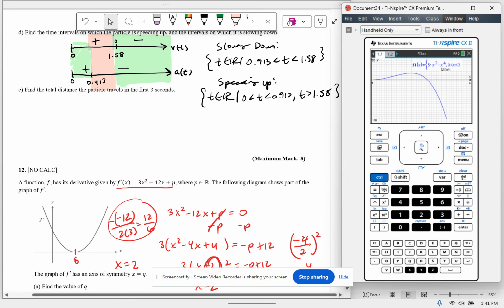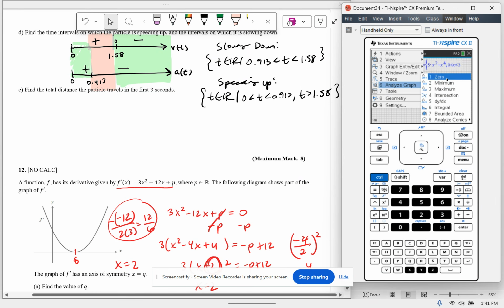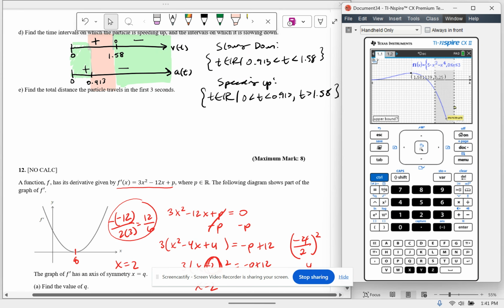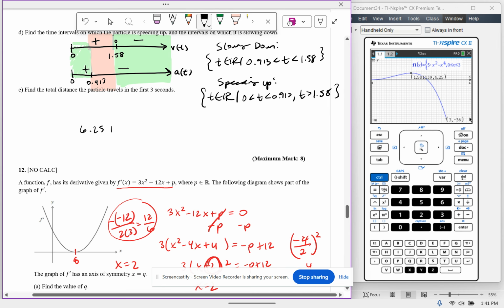So now I've got an image of exactly what this thing looks like from 0 to 3. I'm going to find the total distance traveled to get to the farthest point, which is going to be the little maximum of this thing. And then I'm going to find the total distance traveled to get all the way down to this guy, okay? So I would be traveling 6.25 to get up to the top, 6.25 to get back down, and then 36 to get to the very, very bottom.